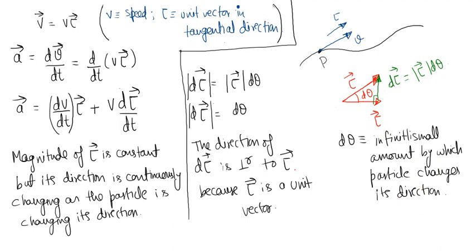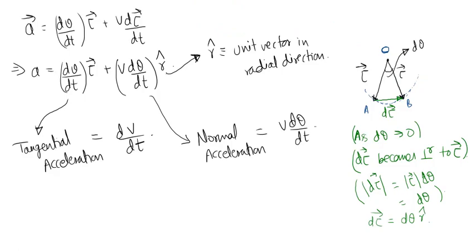Our main aim is to find out d tau by dt. So let us see how we can find it. As you can see in this figure, this was tau initial, OA, and this is tau final.